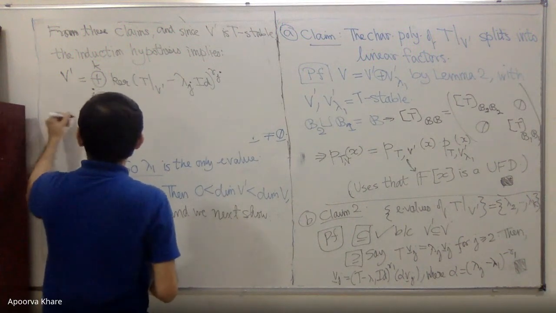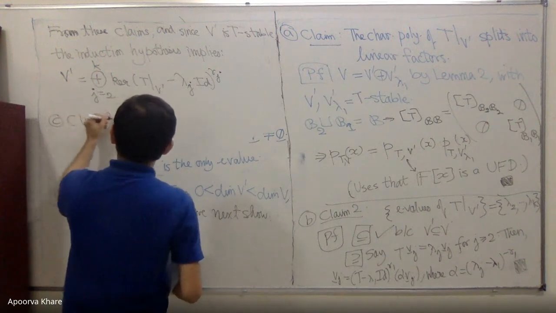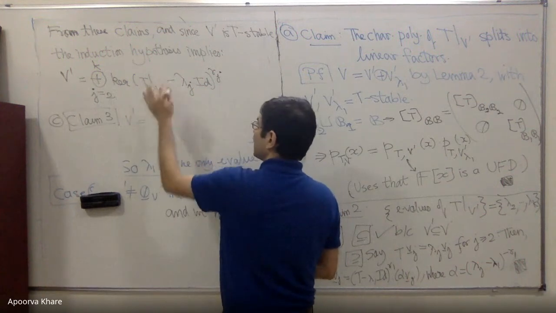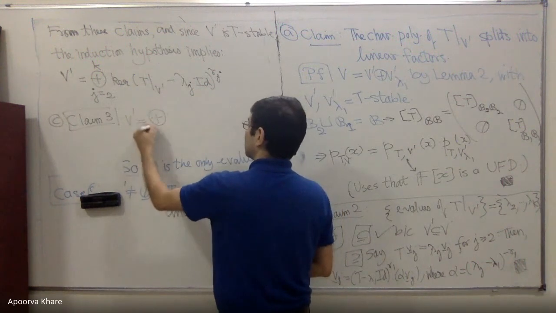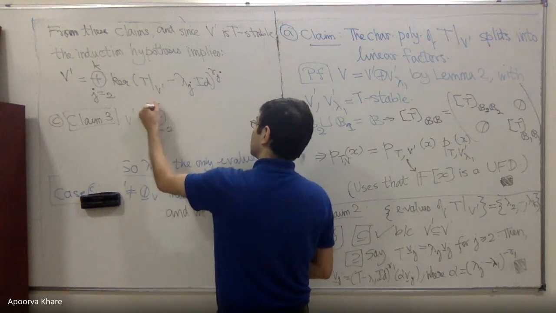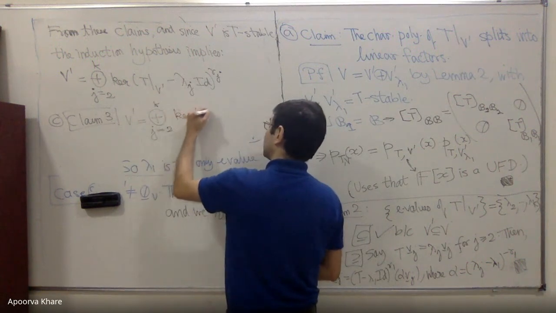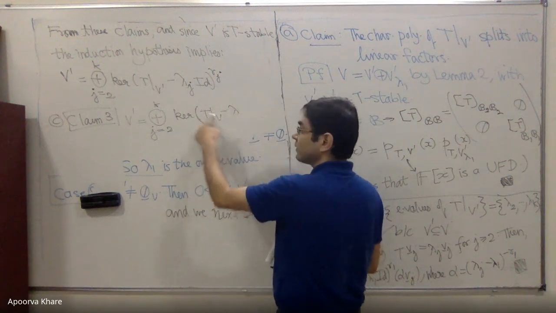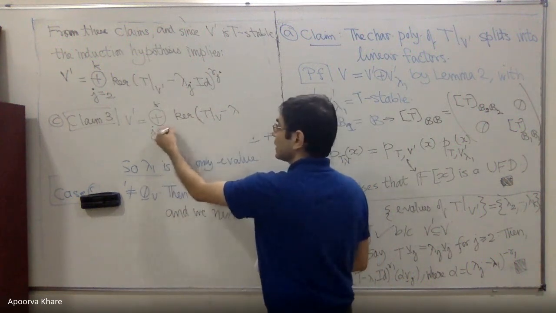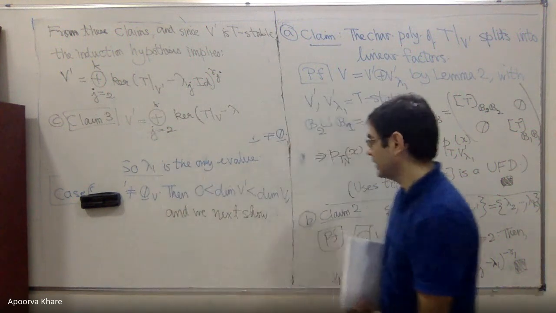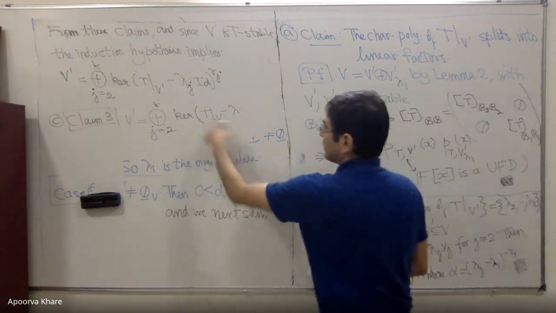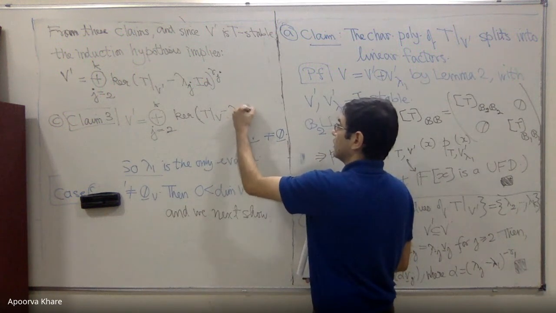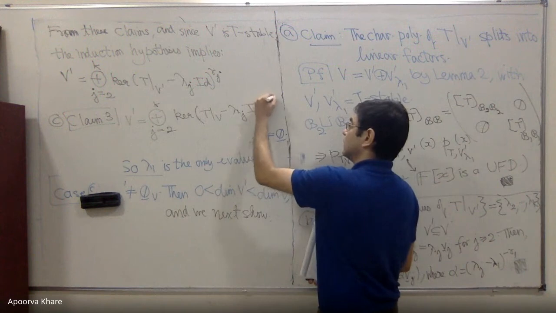So part C, claim 3: V prime j is equal to exactly this thing without the prime here, T restricted to all of V, because that is what we want this part to be in the formula for V. V is V prime lambda 1 direct sum of all of these, with the same Rj.